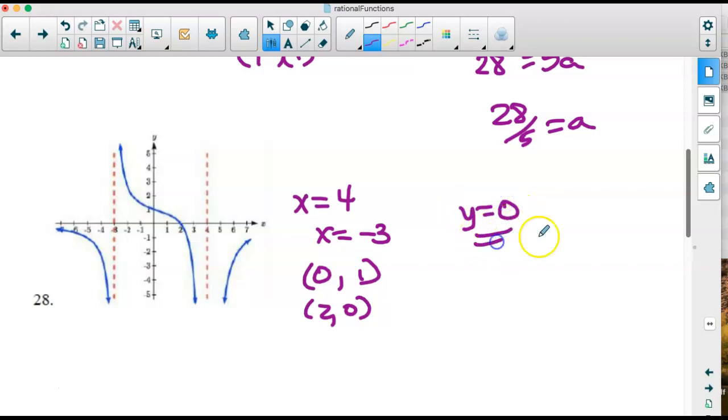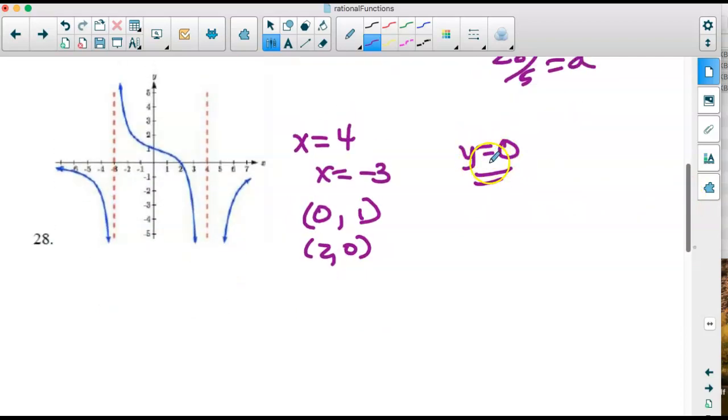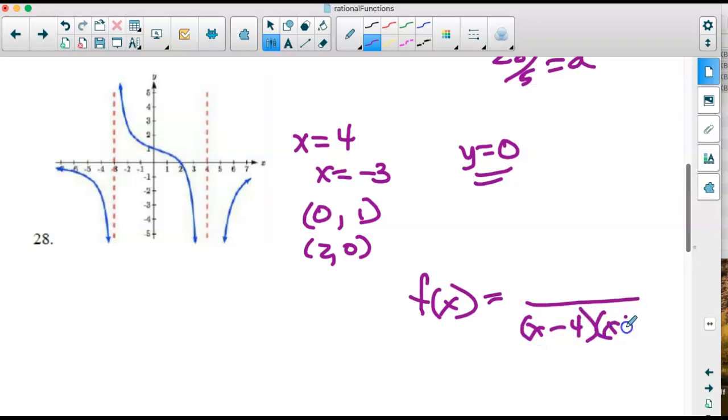So this is telling me the numerator power has to be less than the denominator power. So right now I know from the asymptotes that the bottom is going to be x minus 4 and x plus 3 from these two right here.